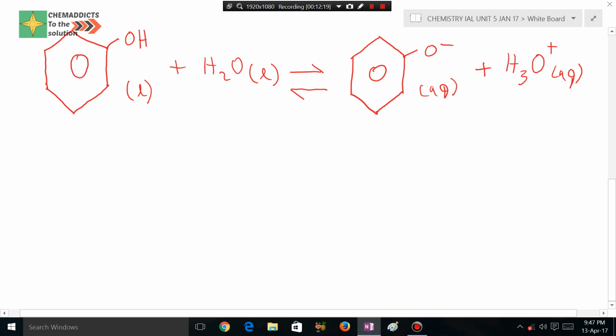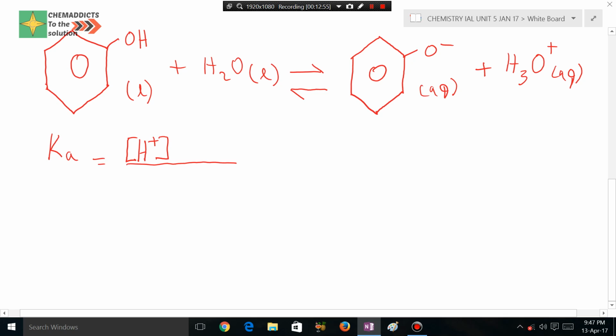So from acid base equilibria, we know this equation. Let's write the equation for the acid constant. On the right we have oxonium ion. We can write H plus instead of H3O plus, which makes things much simpler.